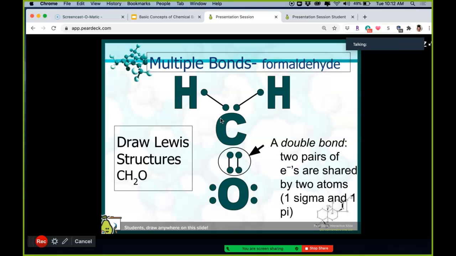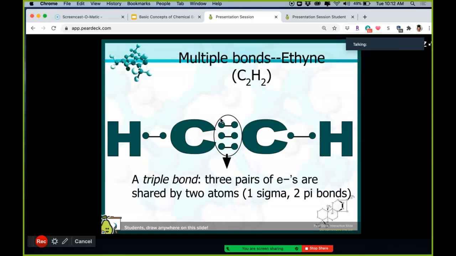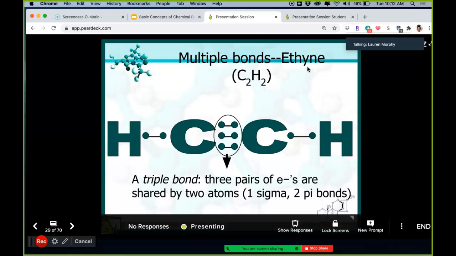Now look at ethyne. Remember, if you remember how to name, "-yne" means triple bond and "eth-" means 2 carbons. So there are 2 carbons, there's a triple bond, and then each carbon has a hydrogen attached, right? You don't ever see them in the middle because you wouldn't be able to complete the structure.